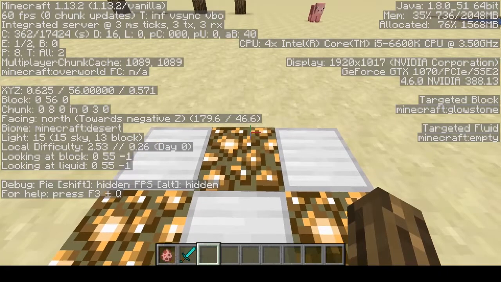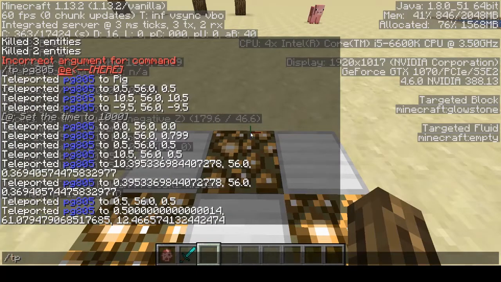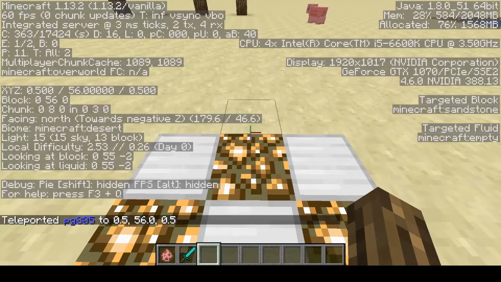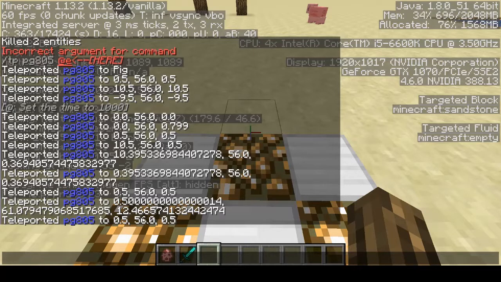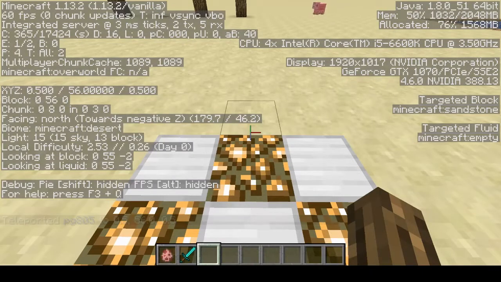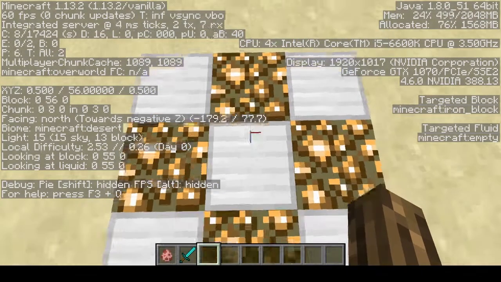You may have noticed that when using these commands, especially with actual coordinates, if I do 0 56 0 again, I don't get teleported in the Y to 56.5. It doesn't add 0.5 to this number. It just teleports me to 56. Well, Minecraft is actually pretty smart about this. It knows that you want to just get put onto the block.